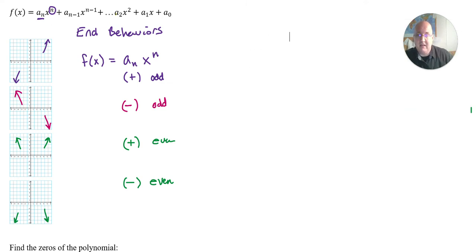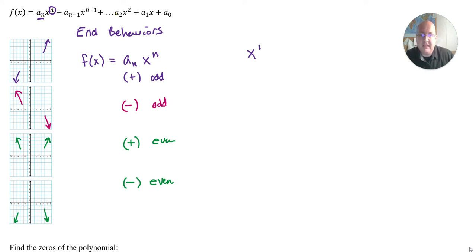Okay, now let me just real quickly point out something in this pattern. If we know this, then we also know something about what we call the zeros. Let me start over again with x to the first power.